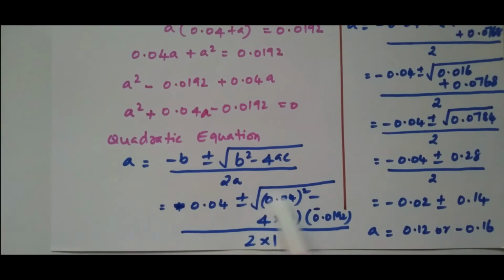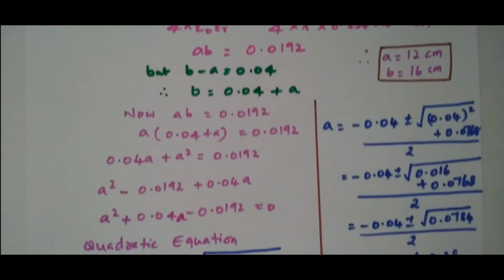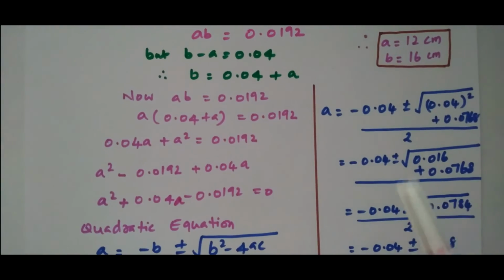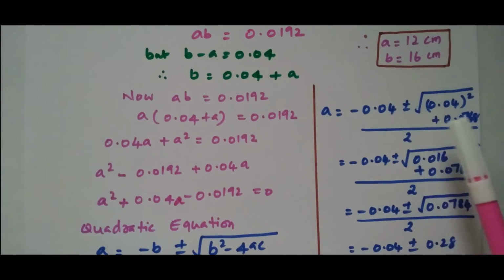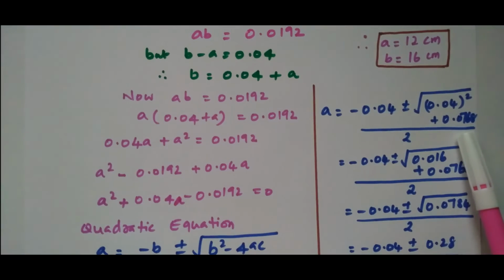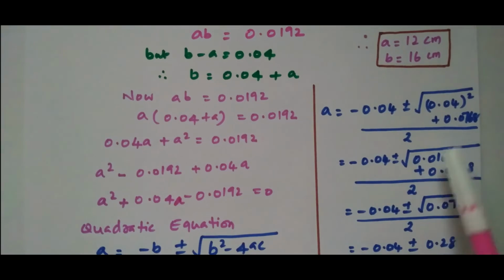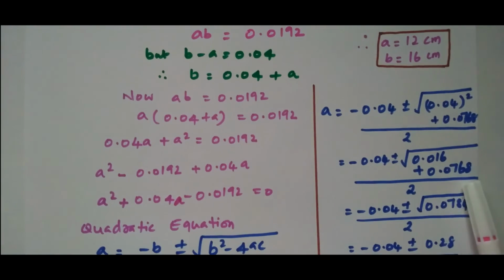Now we need to simplify this expression. So after simplification, we have minus 0.04 plus or minus the square root of 0.04 square plus 0.0768.